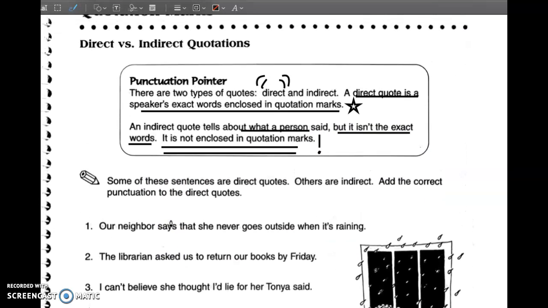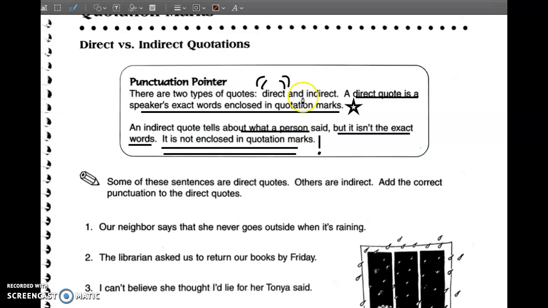All right, so make your punctuation pointer look like this. This is what's going to help you fill out this worksheet. So make sure that you annotate your punctuation pointer just like mine looks. Pause the video and take a second to do that now.